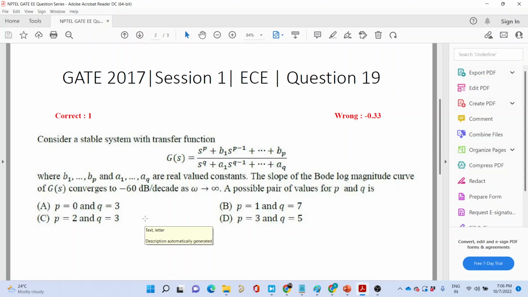Say I am saying there are five poles and two zeros. Then what would be the slope of the Bode magnitude at omega tends to infinity? So minus 60. So now in this case, which I just gave you, there are five poles and two zeros. In that case, you do not see three poles. You see five poles, right?